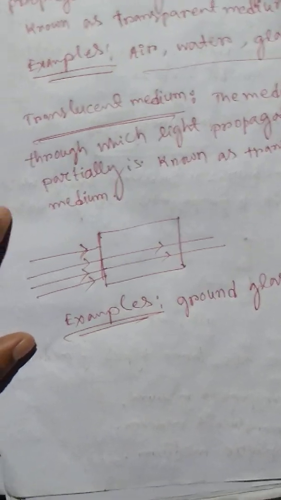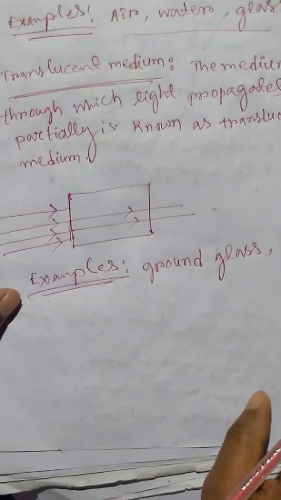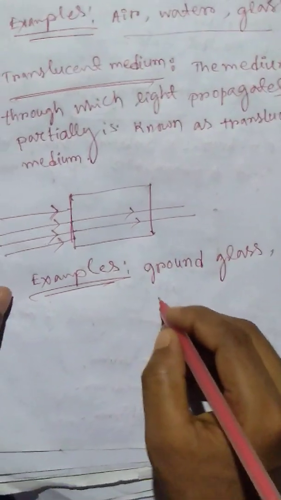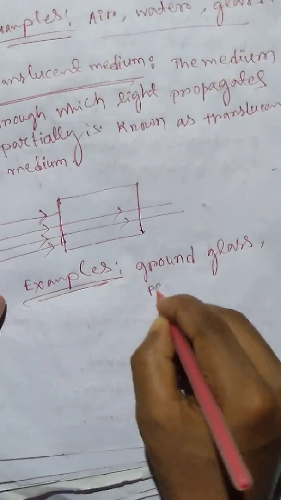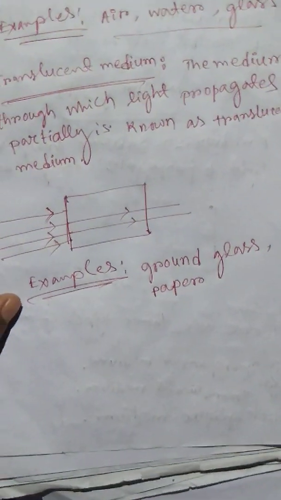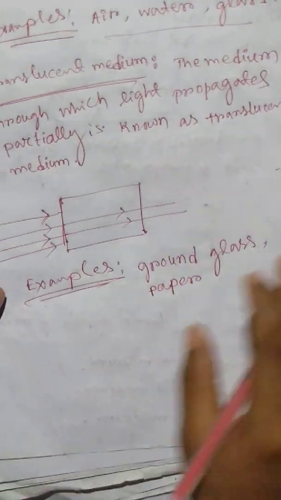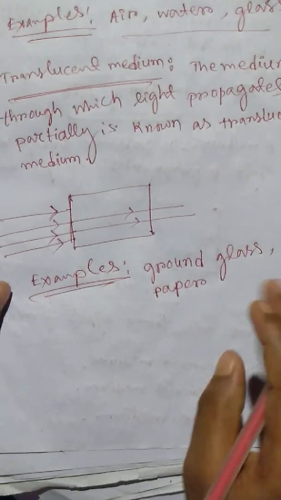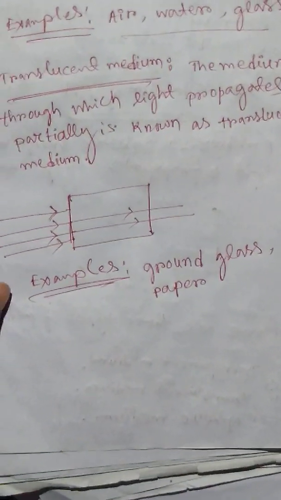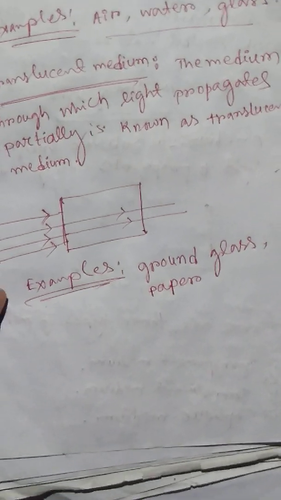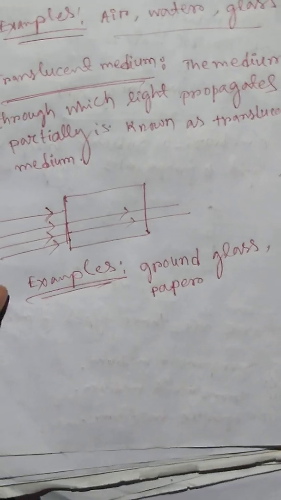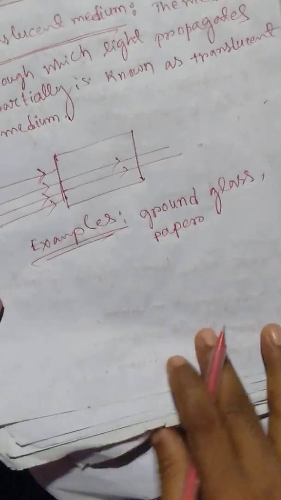Ground glass is an example of translucent medium, and paper is also an example. Through this medium, light can propagate partially, not completely, and this medium does not resist the light rays completely either.